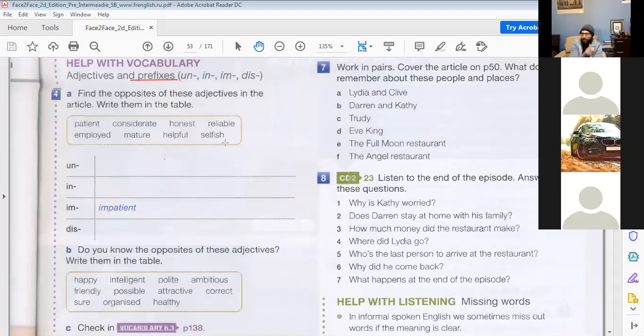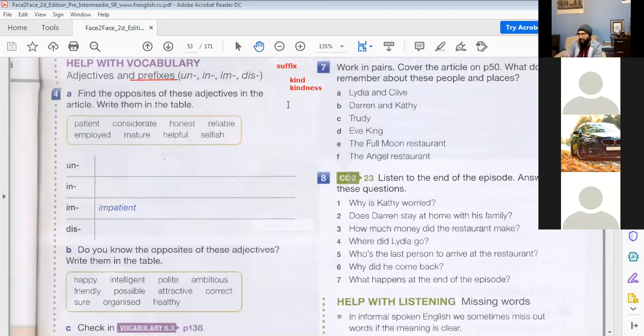If you put it in the beginning, it's called a prefix. If you put it at the end, it's called a suffix. This is not our topic today, just extra information. Sometimes we change the ending of the word and it changes it from adjective to noun. For example, kind, but if we add the suffix, kindness, it changes from adjective to noun.